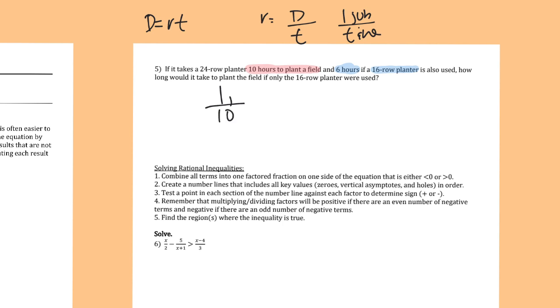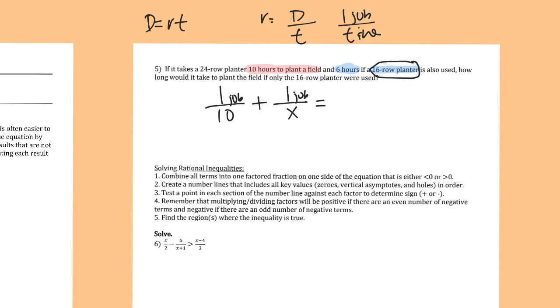One job takes 10 hours. And then they'll say, if the second machine takes 6 hours, how long will it take to do the whole thing? And we could solve that. Well, this one says the second planter, we don't know how long it takes to do one job. We don't know the rate of speed that the 16-row planter can do by itself.